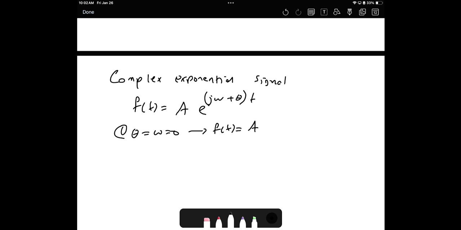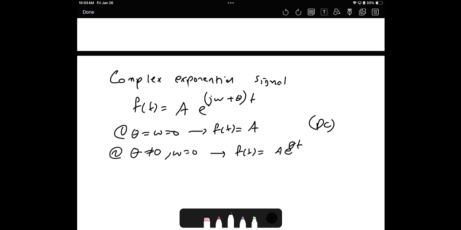So we will have only a real number, or sometimes we call it a DC. Because as we know, the DC, when the frequency equals 0, is the special case of AC when omega equals 0. Then, the second case, when theta does not equal 0, but omega equals 0, this yields f of t equals e power theta.